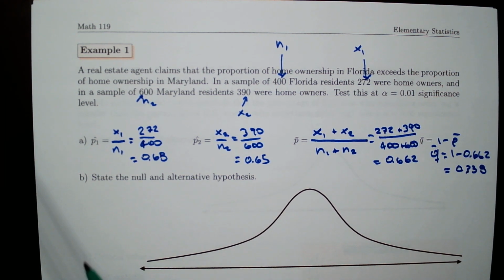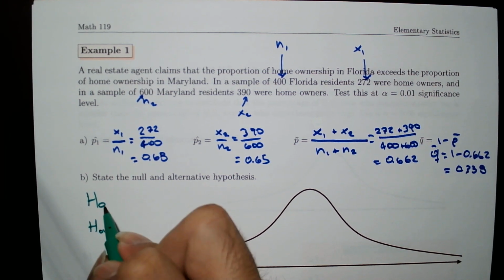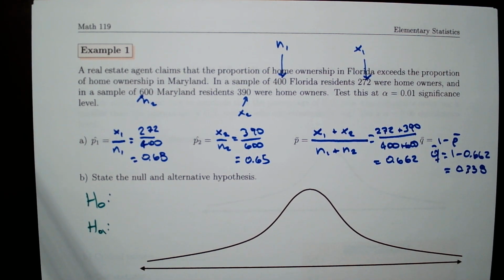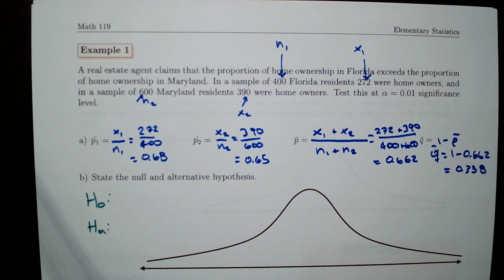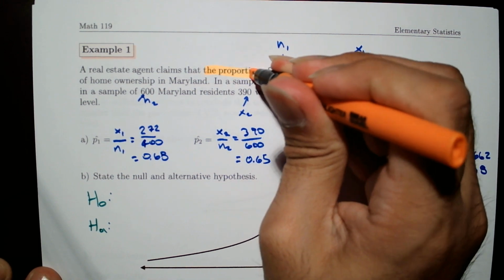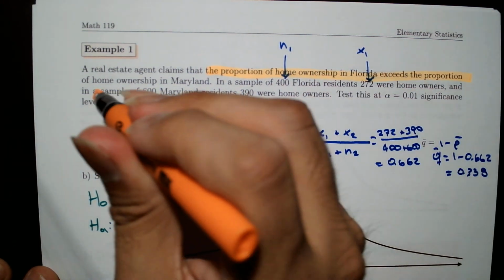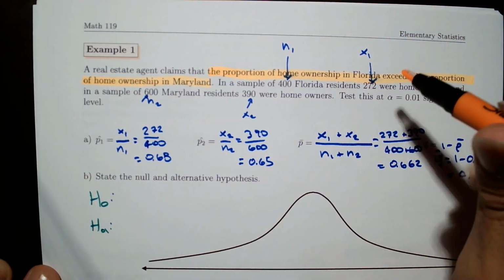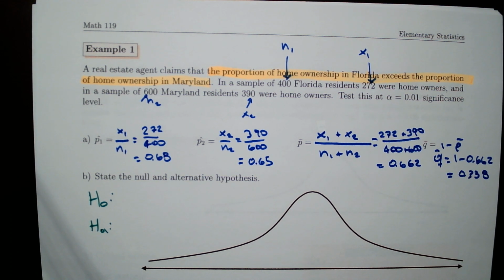All right. Let's state, as usual, what's next? Say the H0, say the Ha. So the H0, well, what are we going to get? The null hypothesis. The proportion of home ownership in Florida exceeds that of Maryland.